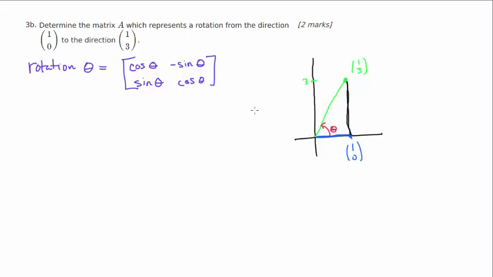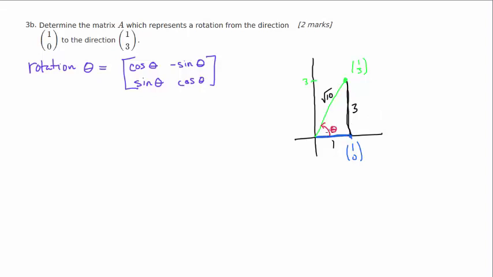And so what I can see here is, sine is opposite over hypotenuse, and we just have to work out real quick, this is the length of 1, this is the height of 3, 1 squared plus 3 squared is 10, and the square root of 10 would be this length.